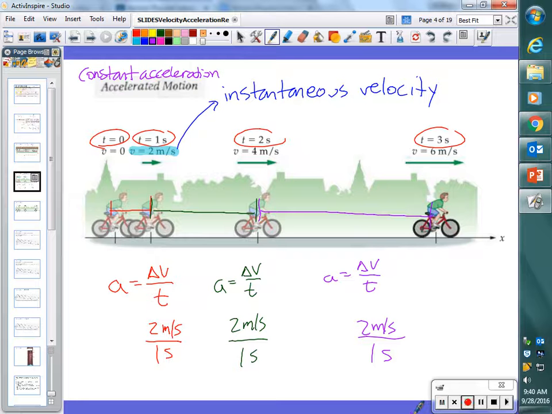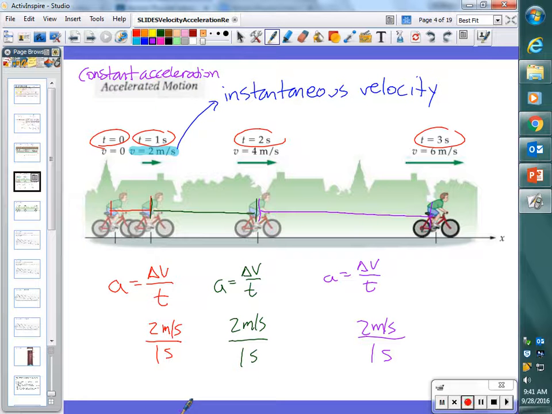All right. Let's add the fourth descriptor of motion in here. When we talked about constant acceleration, obviously we talked about acceleration, that it was accelerating. We talked about velocity because we analyzed how the velocity was changing, and we talked about time because we talked about how much time passes as we go along.